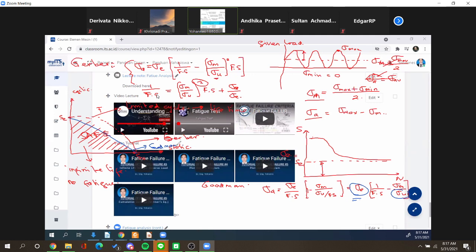So Gerber, Soderberg, and Goodman actually are scenarios or criteria for failure of the material.